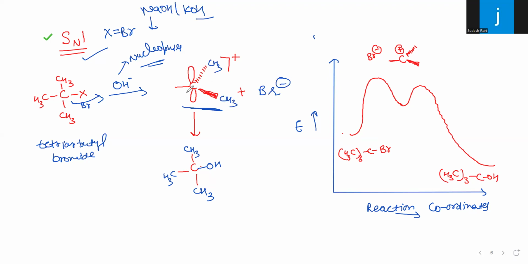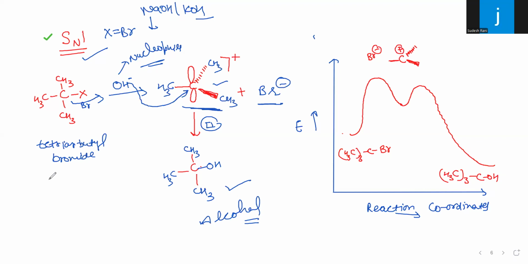CH3, CH3, here will also come CH3. So you can see this trigonal planar structure of the carbocation plus Br negative. This is its counter ion. Then in second step, the nucleophile will attack over this carbocation and thus it forms the final product, alcohol.